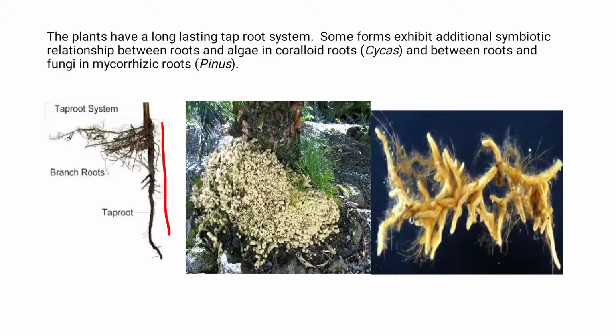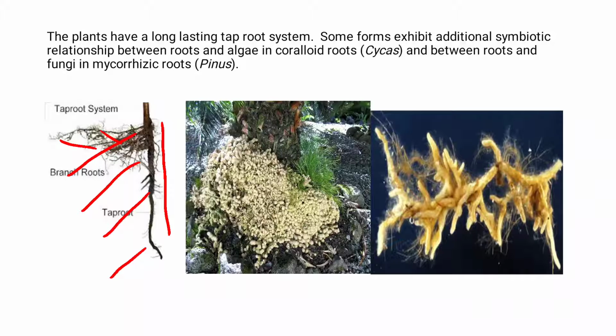From the primary root system, you will find the secondary roots arising here, and from these tertiary roots will arise. So this is the taproot system which you will find in gymnosperms. This is the common root system which is present in all the gymnosperms. It is the taproot system.